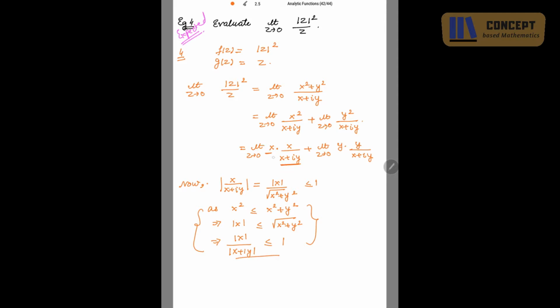So it is proved that this second function is bounded. Now, about the first function's limit, instead of z tends to 0, I should write (x, y) tends to the ordered pair (0, 0) of x, which is equal to 0. As limit (x, y) tends to (0, 0) of x is equal to 0 and the second function is bounded, the limit for the product of the two functions comes out to be 0.